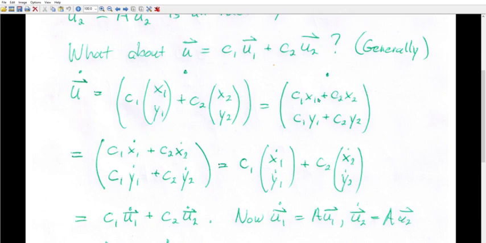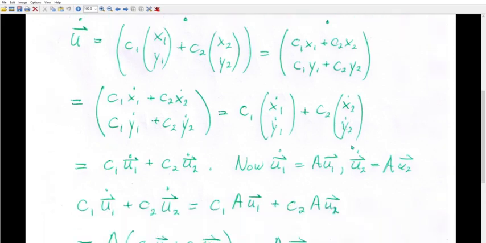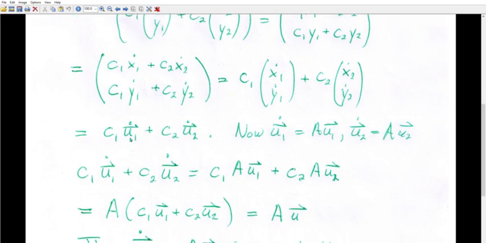You just combine terms, you get this. Now the way you take a derivative is you take the derivative of each individual term. So we're going to get (c1 x1 dot plus c2 x2 dot, c1 y1 dot plus c2 y2 dot). And now we can rewrite that as c1 times (x1 dot, y1 dot) plus c2 times (x2 dot, y2 dot). And that's c1 u1 dot plus c2 u2 dot.